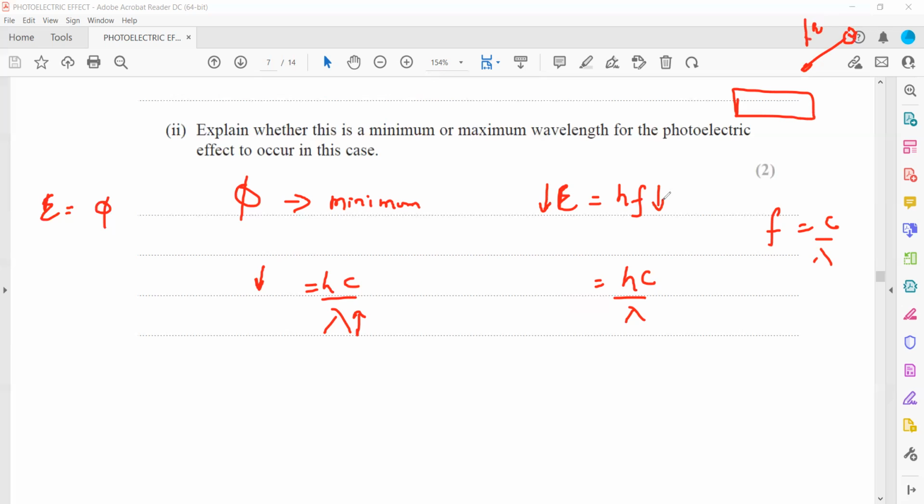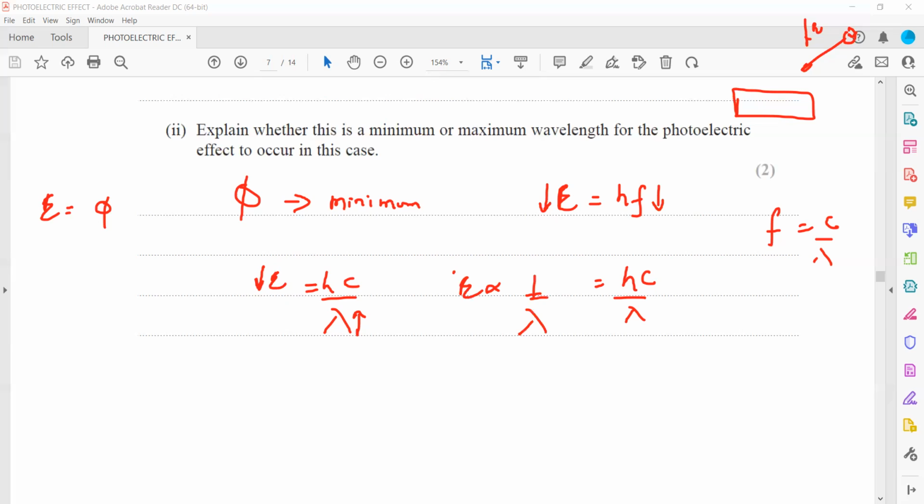So that is the minimum frequency. Minimum energy is called the work function, and minimum frequency is called the threshold. But if the energy is the minimum, what about the wavelength? The wavelength is the maximum, because if we further increase the energy, the wavelength will decrease. Energy of the photon is inversely proportional to wavelength.